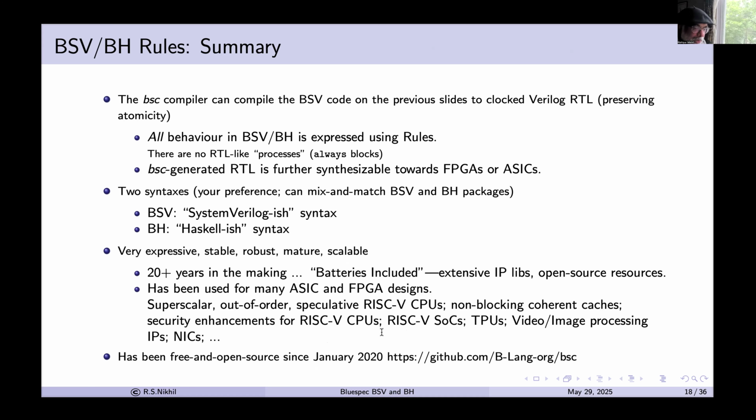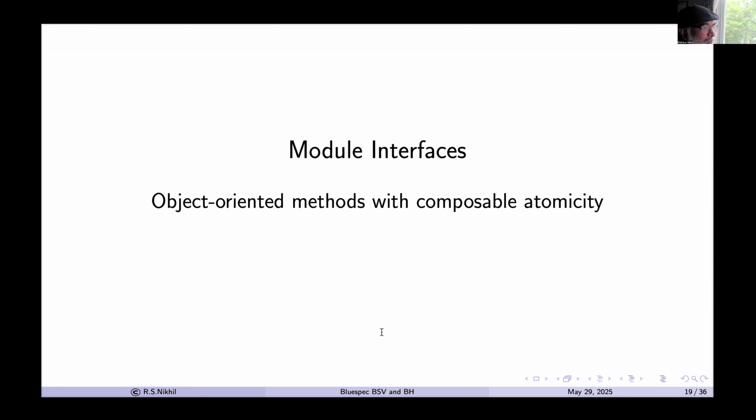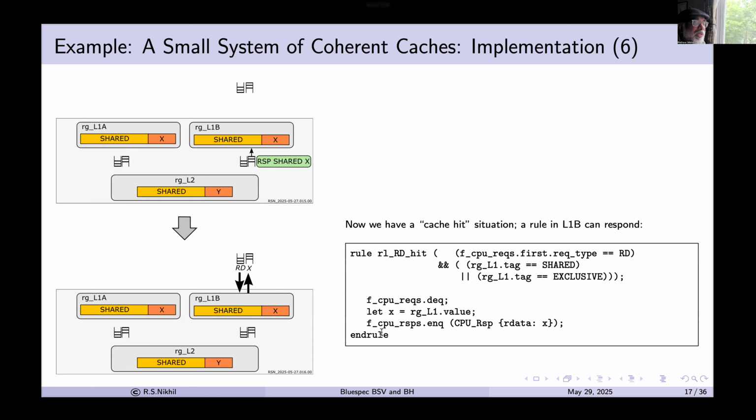Okay, so let me now talk a little bit more about module interfaces. You've already seen some use of module interfaces in the example. For example, in this code, I'm looking at a FIFO, fcpu requests dot dq. DQ is a method that I'm invoking on the FIFO, which says, please perform some action.